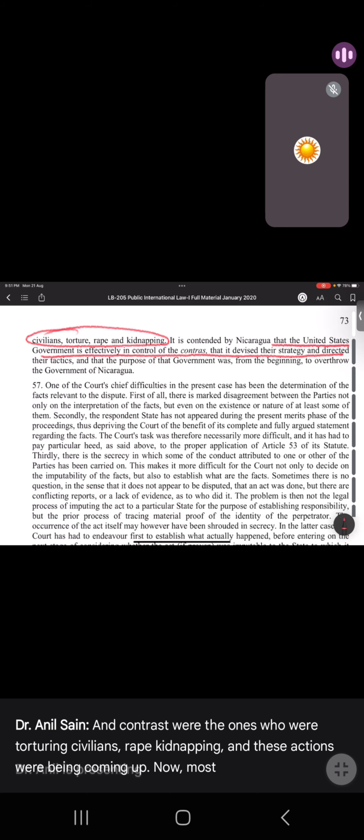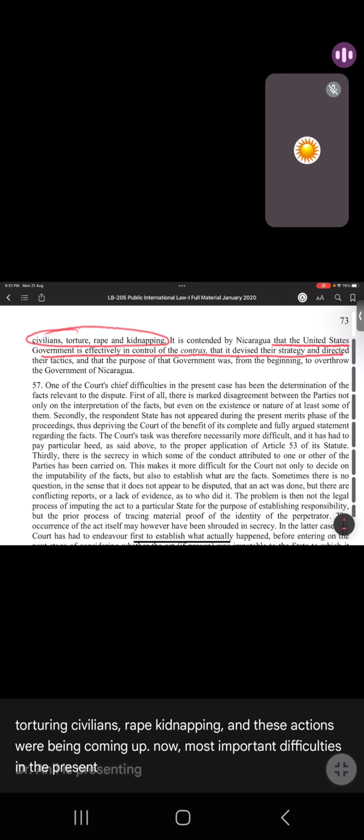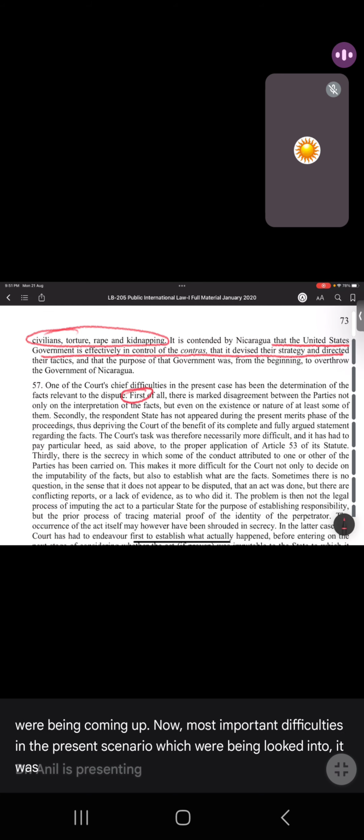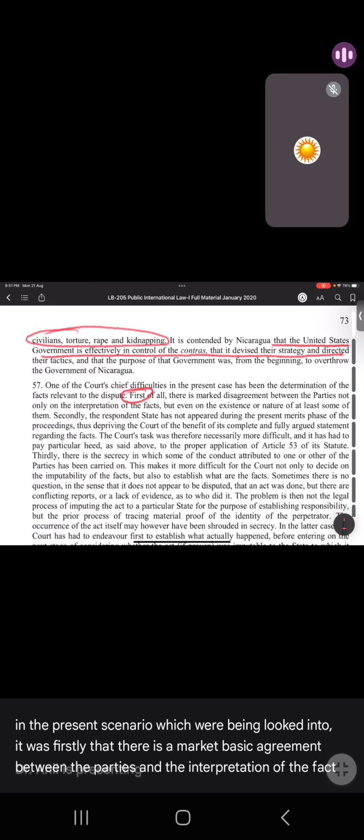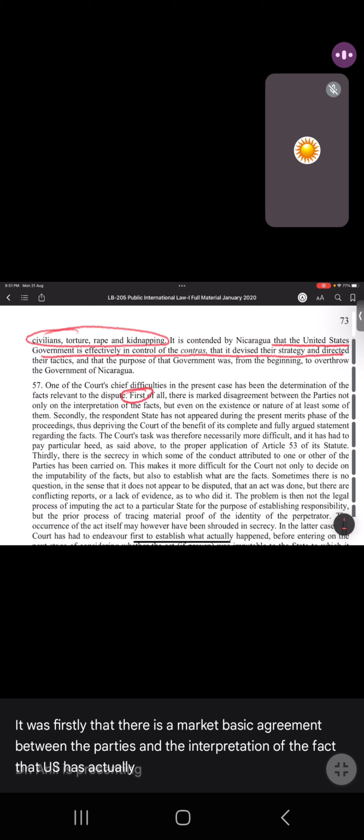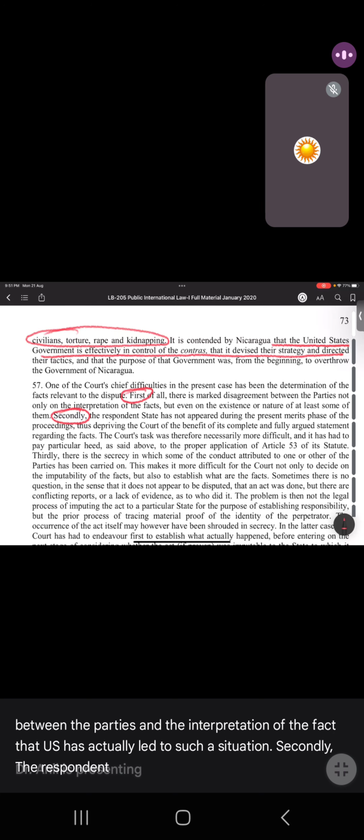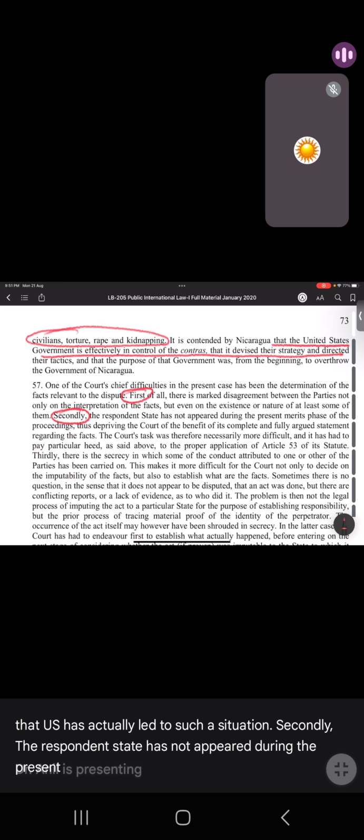Now, the most important difficulties in the present scenario were, firstly, a marked disagreement between the parties in the interpretation of the fact that the US led to such a situation. Secondly, the respondent state did not appear during the present merits phase, and the proceedings were deprived before the court.